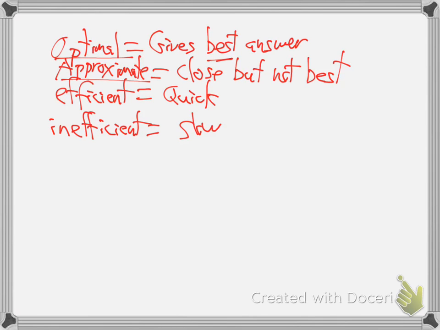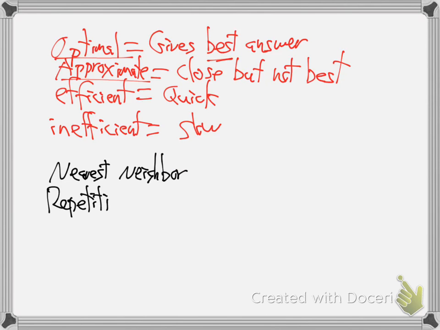Okay, so here's the story. Basically, all the methods, what are they? The nearest neighbor, repetitive nearest neighbor, and cheapest link.